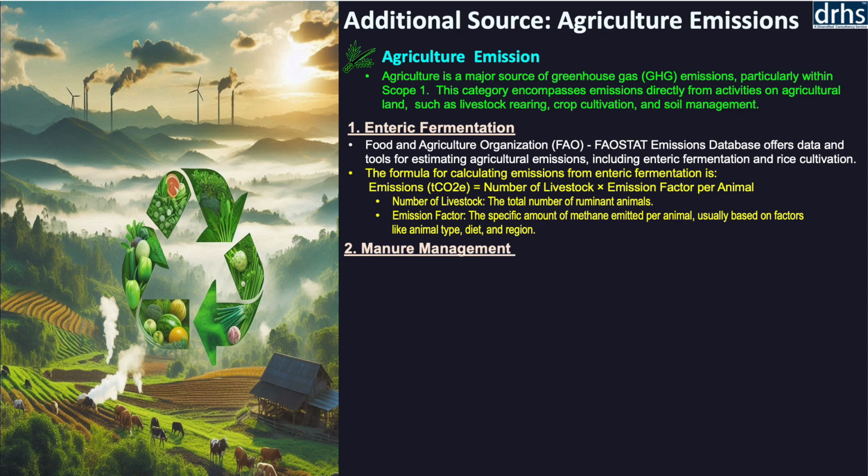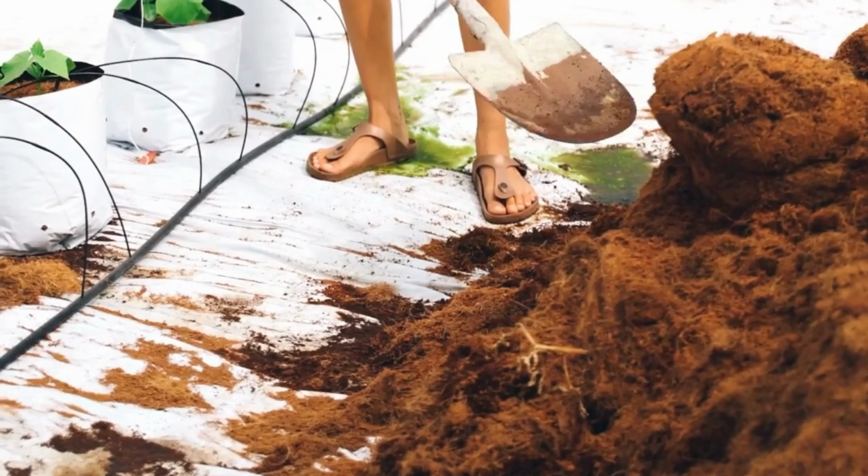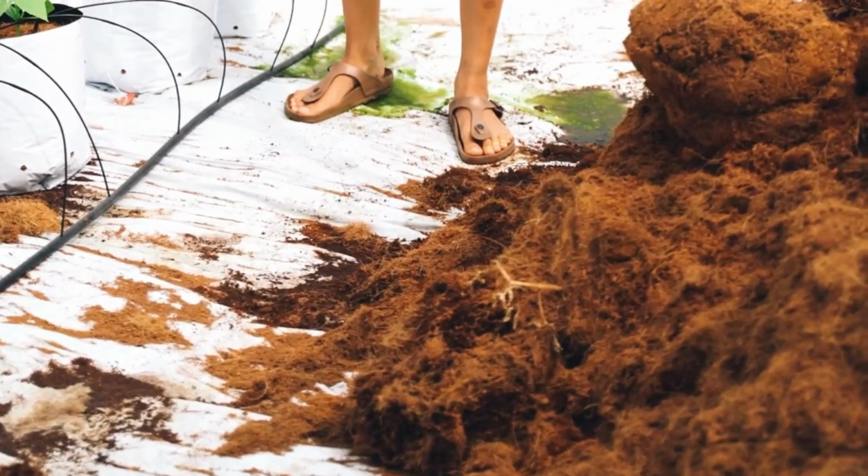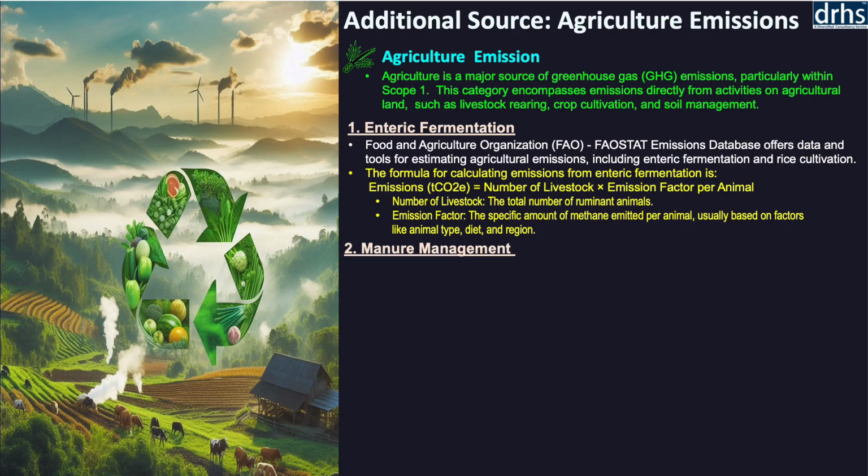Manure management involves the handling, storage, and treatment of animal waste, which can release both methane and nitrous oxide. Methane emission occurs during the anaerobic decomposition of organic matter in manure, particularly when it is stored in lagoons, pits, or under anaerobic conditions. Nitrous oxide is released during the microbial processes of nitrification and denitrification that occur when manure is managed or applied as a fertilizer.